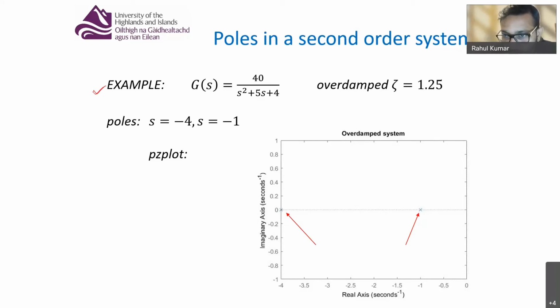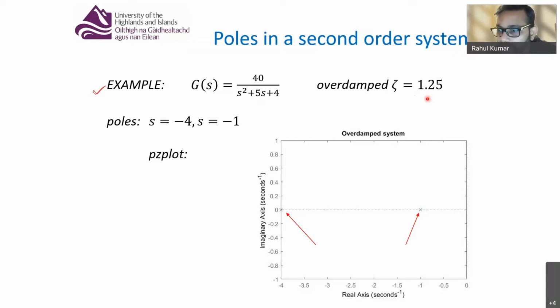The transfer function is 40 divided by s square plus 5s plus 4. If you compare it with the generalized transfer function and find the value of zeta, it will be 1.25.